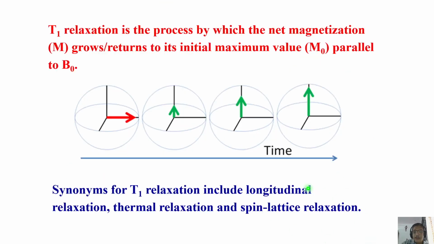Okay, now this is the process. If you understand, the T1 relaxation process is like this: bring the magnetization to the transverse plane and start dephasing. Slowly it goes here, here, here, and after a time constant, it completely recovers along the Z axis.